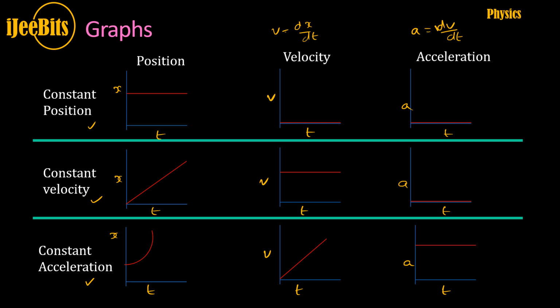So dv by dt is 0, and hence you can see the line here. When you look at the velocity and acceleration graphs and the line is on the x-axis, this means a constant position, and you can also interpret that there is no change in x. So x is at rest. That is how you have to read it. I hope you are clear now. Constant position: that is how you interpret the xt graph, the vt graph and the at graph.